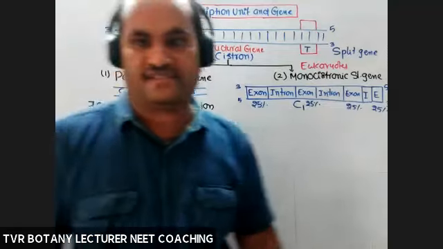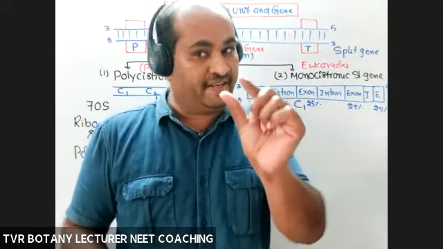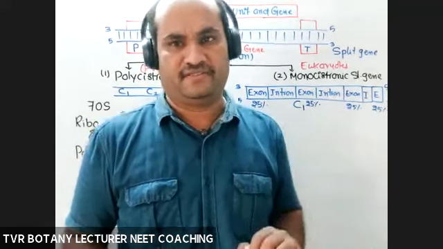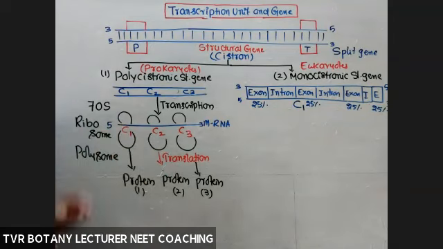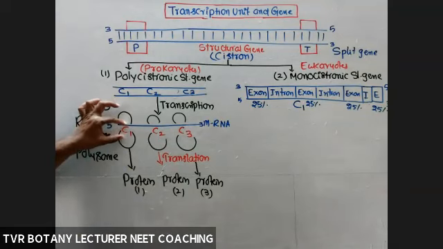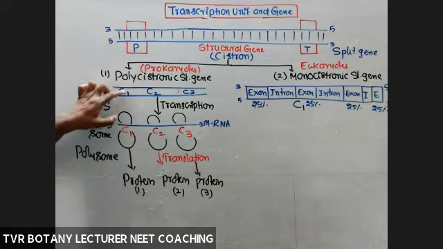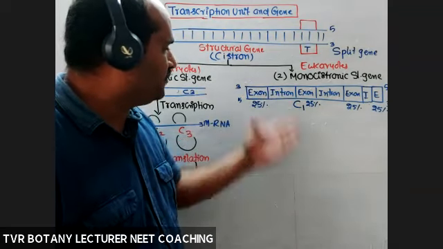Now go back to the definition of a cistron. What is a cistron? A segment of DNA that codes for protein, whatever the number of proteins. Here that definition is clearly applicable: this is cistron 1, 2, 3, continuous, continuous, continuous. There is no split gene, no intervening sequences, completely coding part. So a segment of DNA coding for protein, yes, the definition is correct. But here, is this segment of DNA coding for protein?